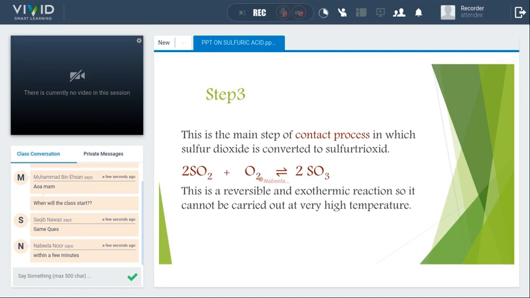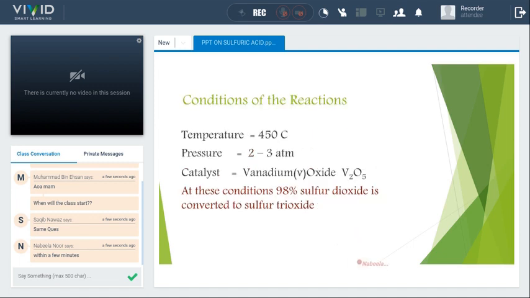So in order to increase the yield of our product, or to proceed the reaction only in the forward direction, we require some conditions due to which we get more and more sulfur trioxide. These conditions, as we have discussed, are: the temperature is 450 degrees C, pressure is 2 to 3 atmosphere, and the catalyst is vanadium 5 oxide.